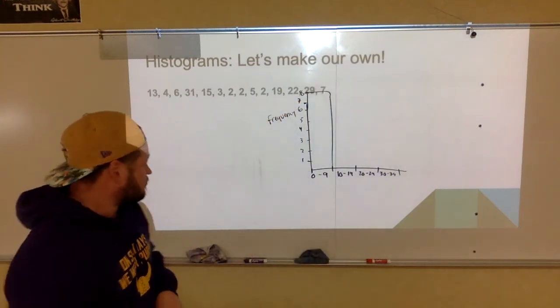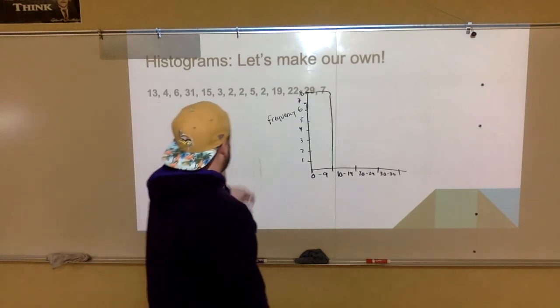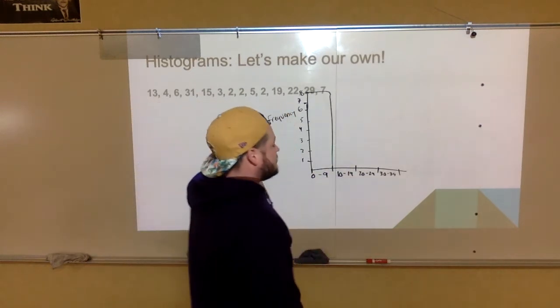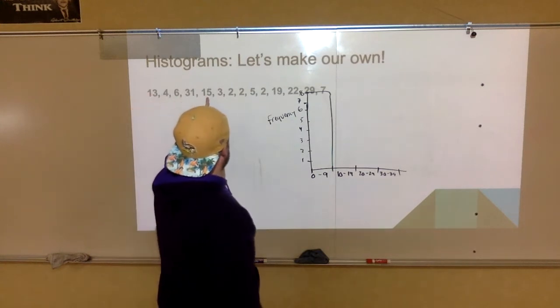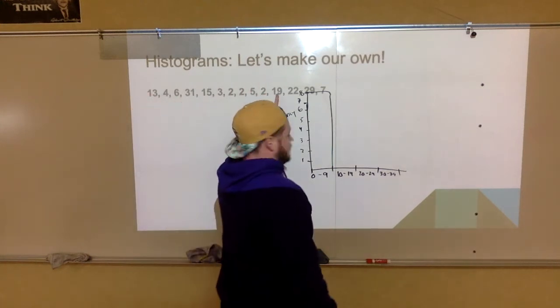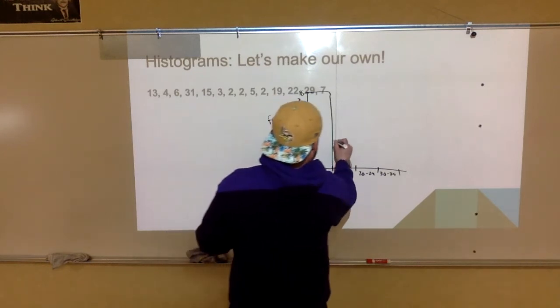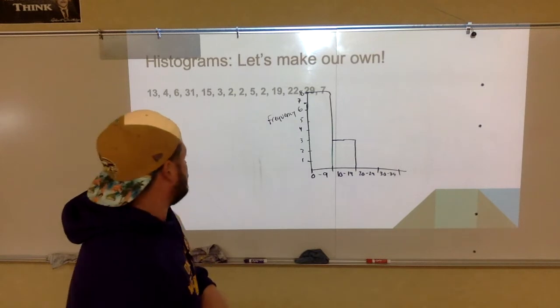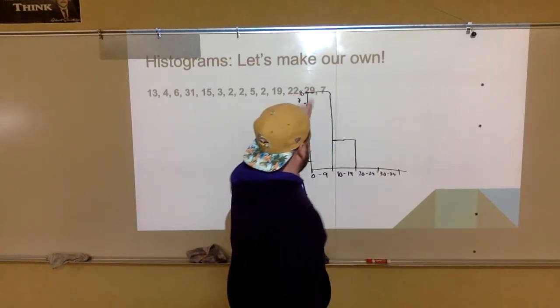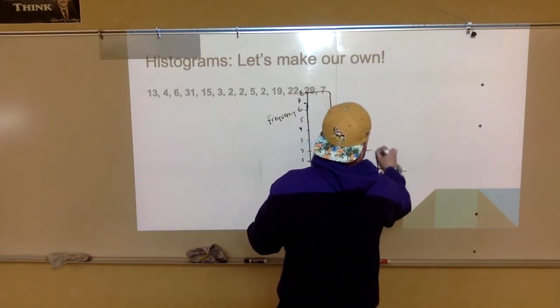Perfect. Now I'm going to go ahead and count the numbers that are between 10 and 19. So that's 1, 2, 3. I'm getting 3. So I'm going to go up to 3 here. I'm going to make a little bar. Perfect. 20 to 29. I think there's just 2: 22 and 29.